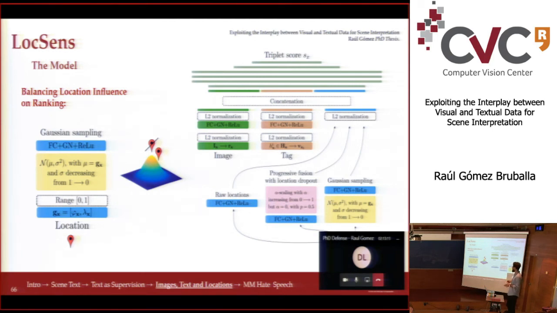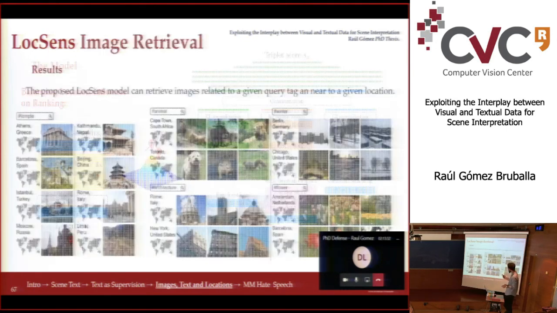But during the training, we reduce that variance, so the location starts being more informative. And that method also allows us to train models sensitive to different location granularities, because the variance of the Gaussian has a direct geographical distance interpretation.